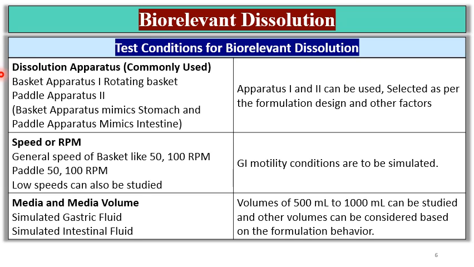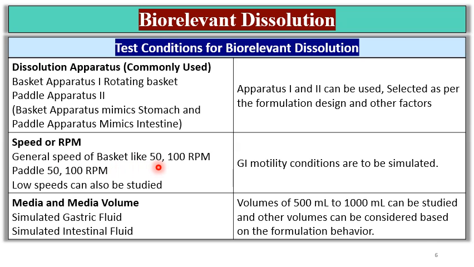So these two very important parameters are there, like apparatus 1 and 2 can be used and selected as per the formulation design and the other factors. So every time this will not be the same. The RPM or speed is the second important parameter.